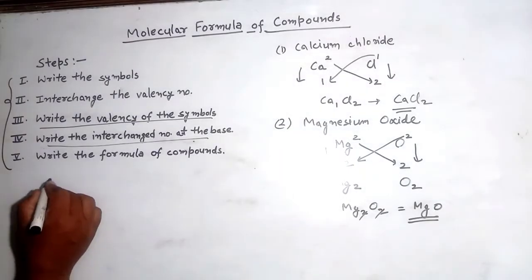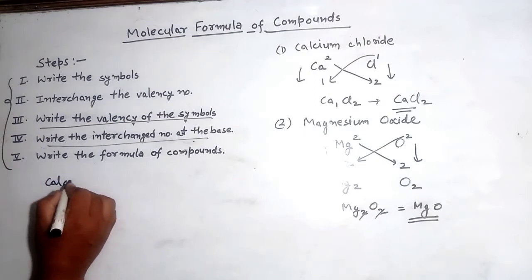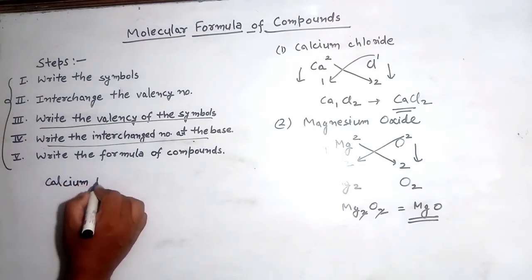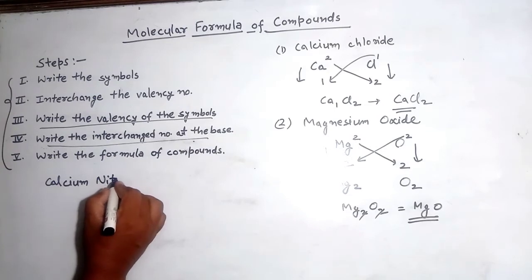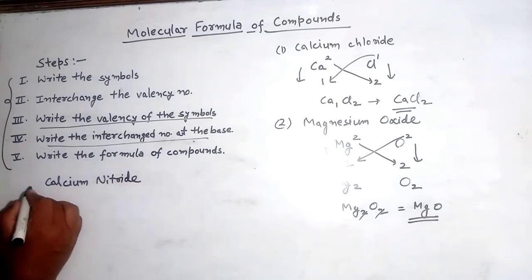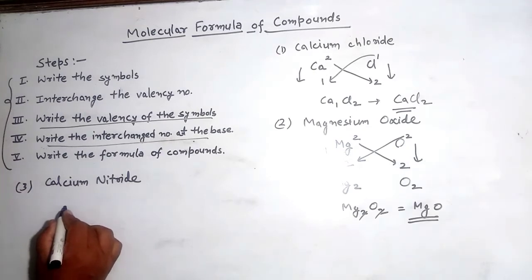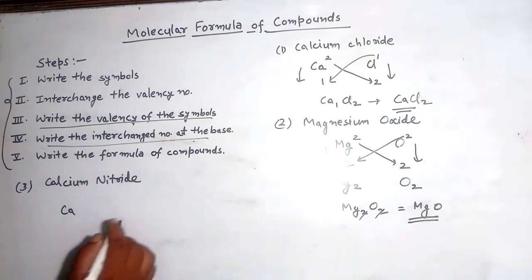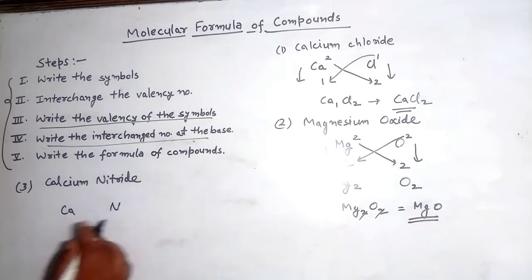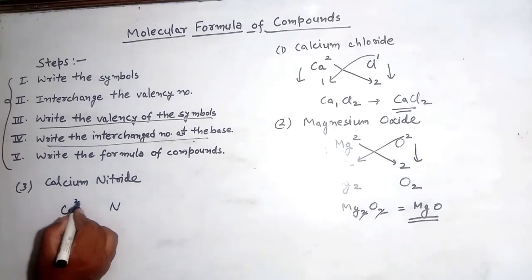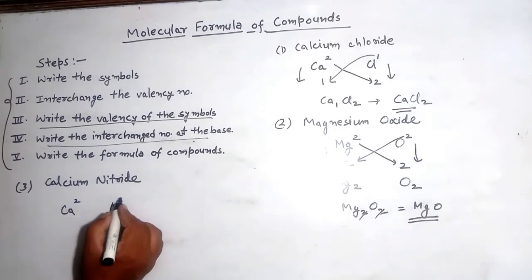Calcium nitride. The symbol of calcium is Ca, the symbol of nitrogen is N. The valency of calcium will be +2 and the valency of nitrogen is 3.